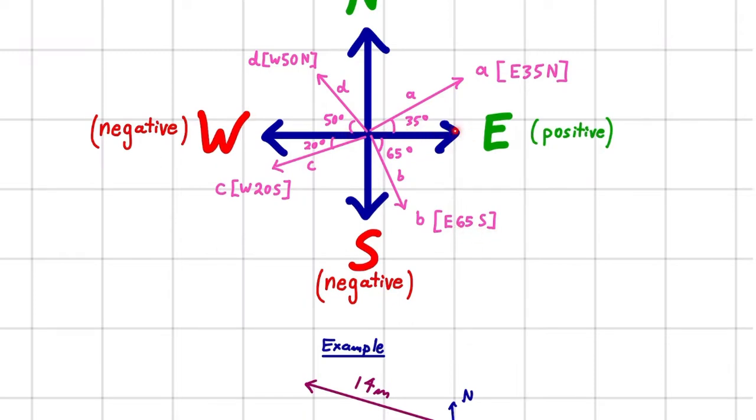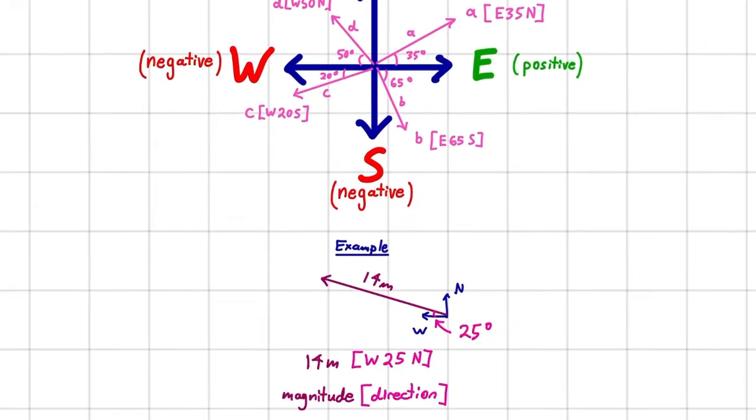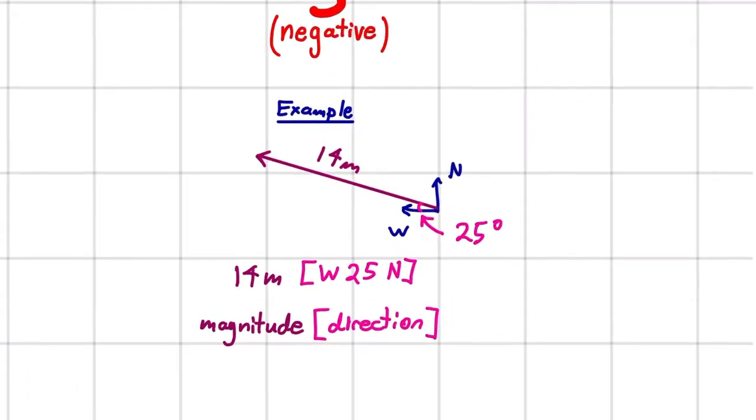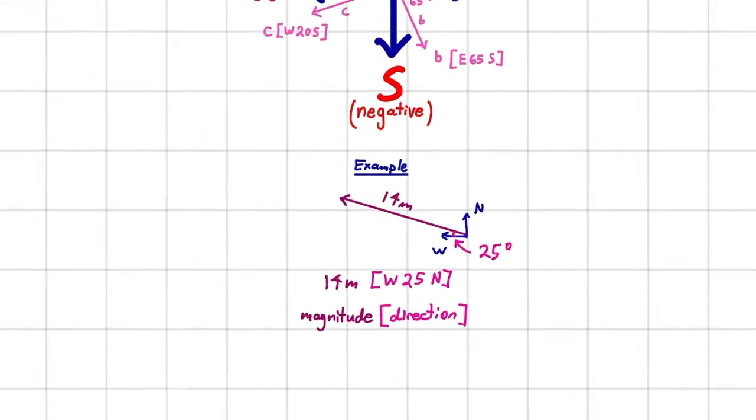So from the east line, 65 degrees towards the south. And then just an example vector here, we have 14 meters of west, direction west, 25 north. So from the west, 25 degrees towards the north, and then a magnitude of 14 meters.